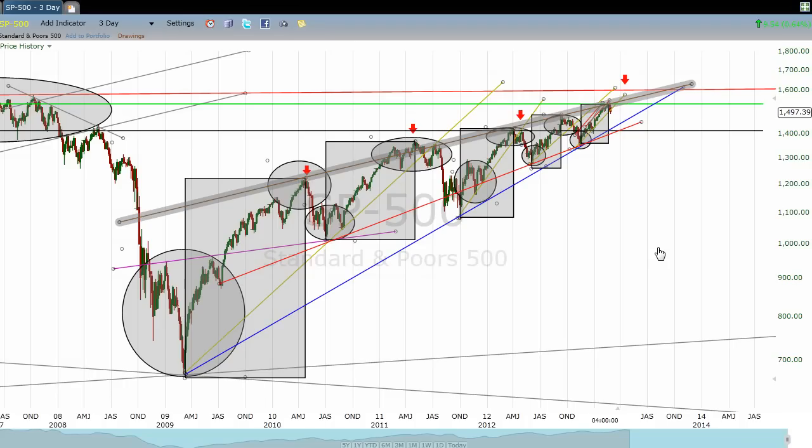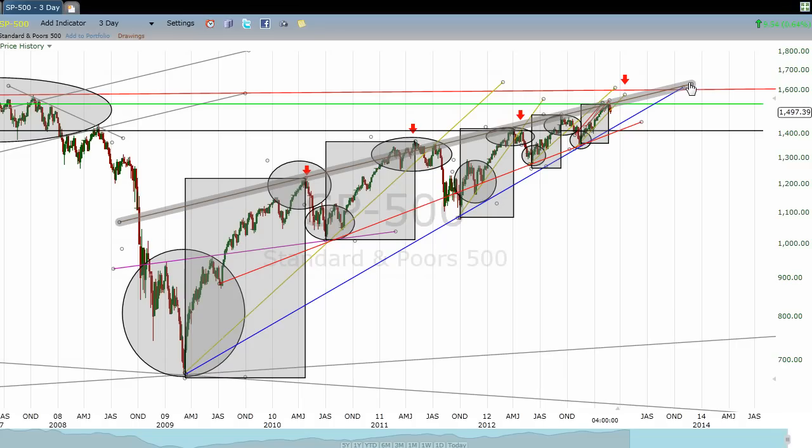Then we have this long-term blue line, which really just touches 3 places. Here it misses, here it misses, and then here again. So everything is obviously getting into a constricted trading range.